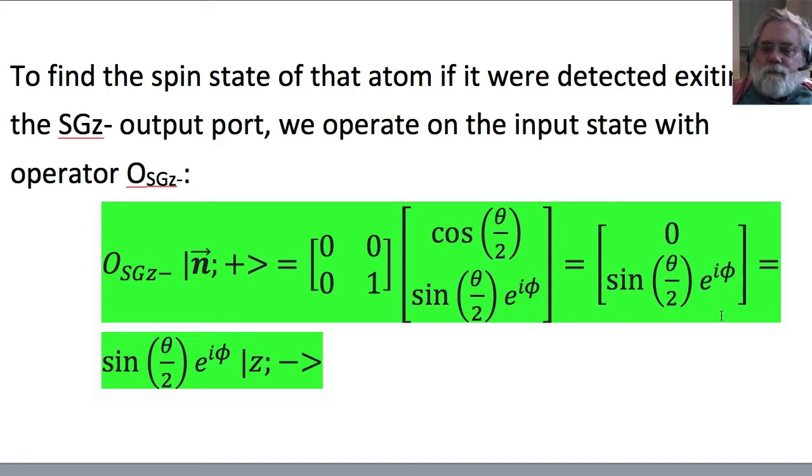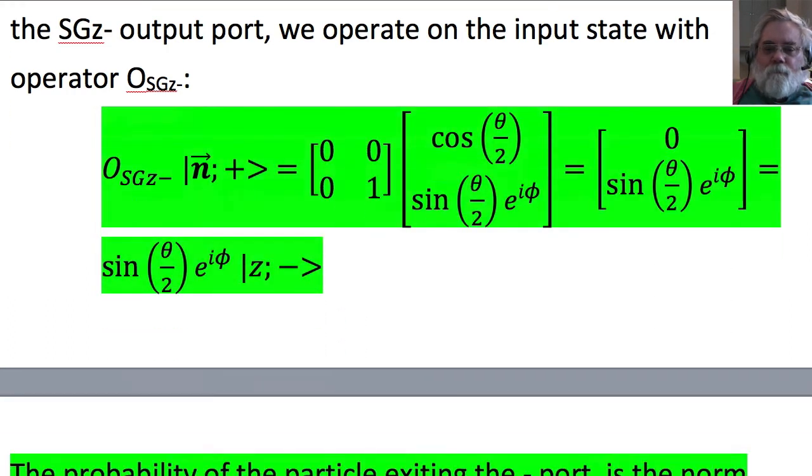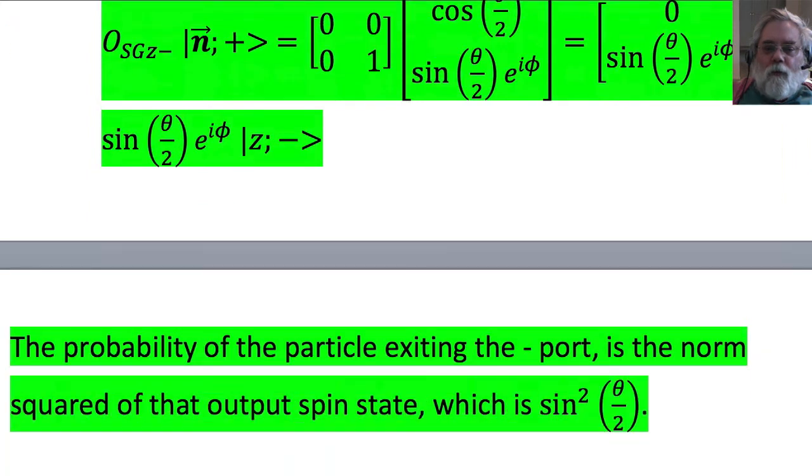We get this state vector: 0, sine theta over 2 e to the i phi. We can pull out sine theta over 2 e to the i phi times the ket z minus. We could take its probability, norm squared. When we do norm squared, the phase e to the i phi cancels, does not contribute. We get probability sine squared theta over 2.